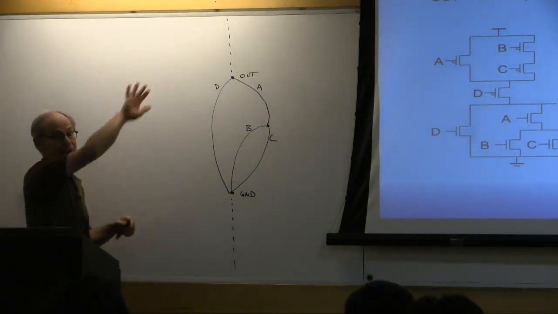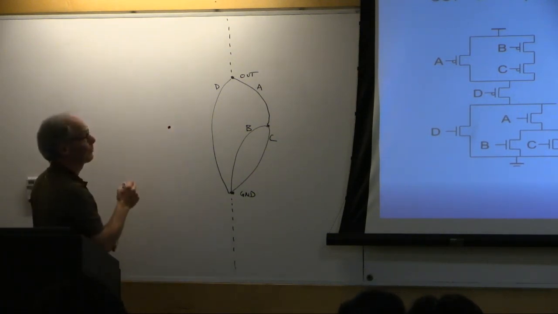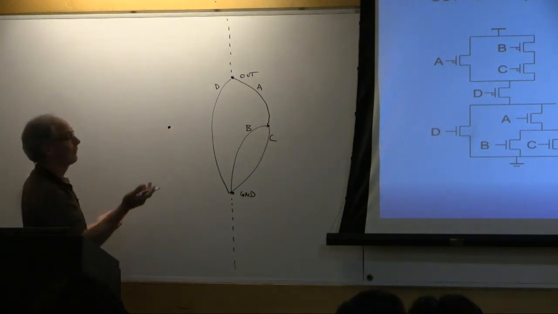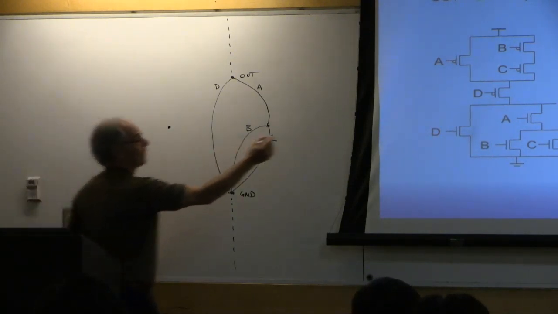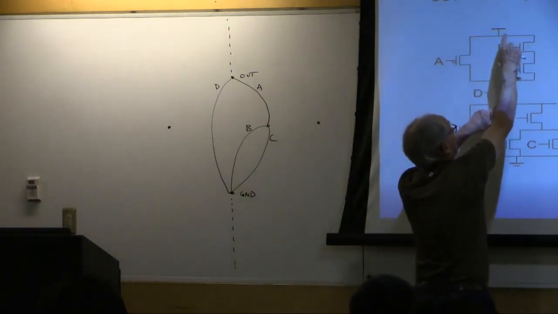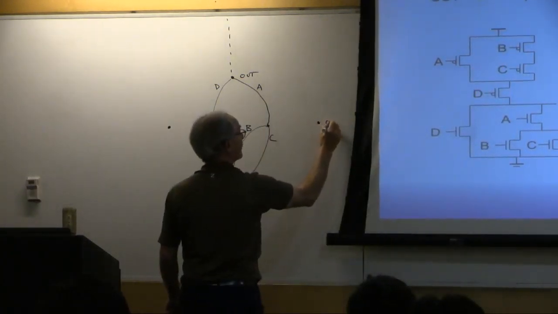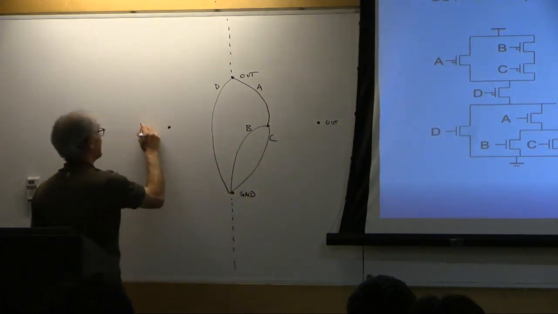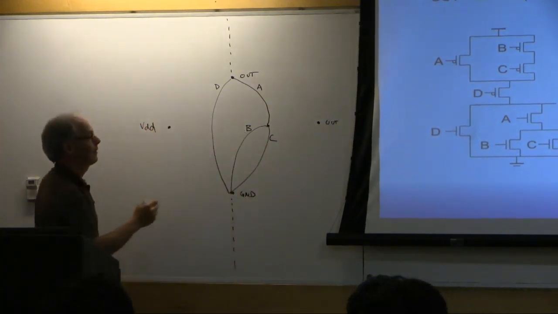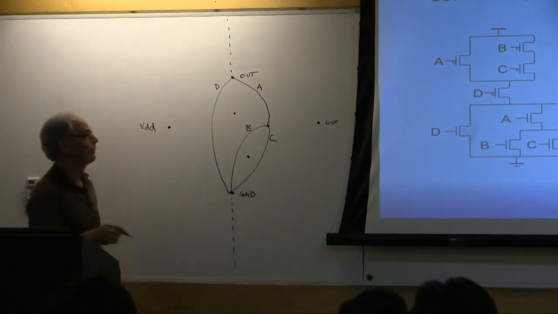We're going to turn sideways 90 degrees now. So we're going to put a node over here, and this can be either VDD or out. So we're going to have the top node. We're looking at trying to form this network here. We're going to have two nodes there. So let's just call this one out, and this one VDD. And then we'll put a node in every other region, like that.